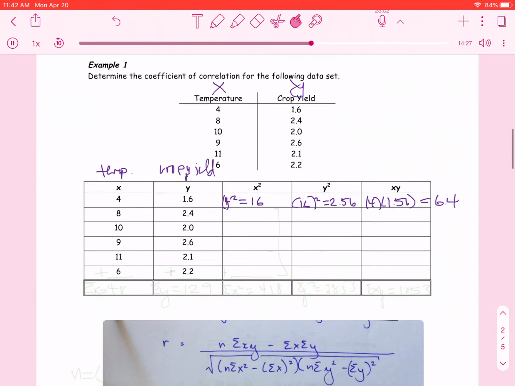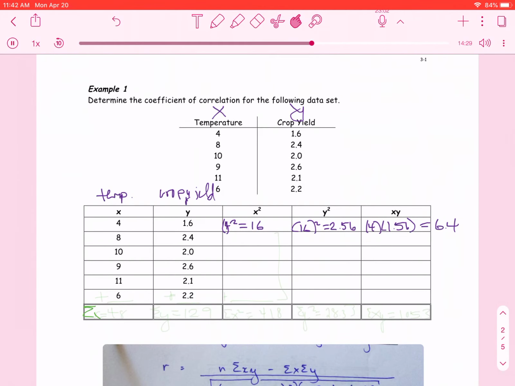To find the sum of x, you add up all of your x values, and in this case we get 48. To find your sum of y, you add up all of your y values, and in this case we get 12.9.